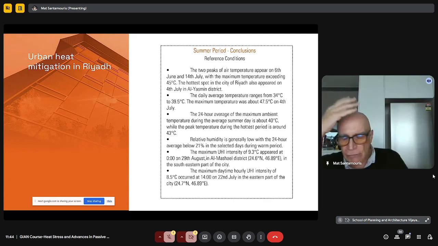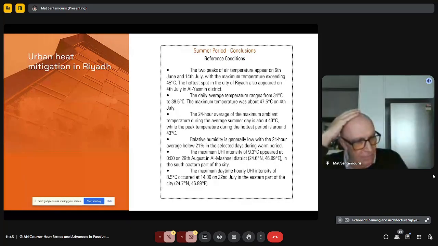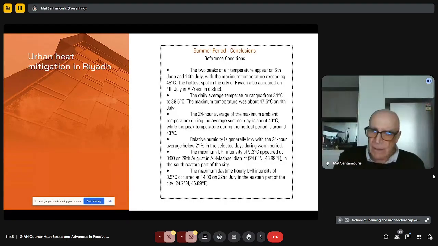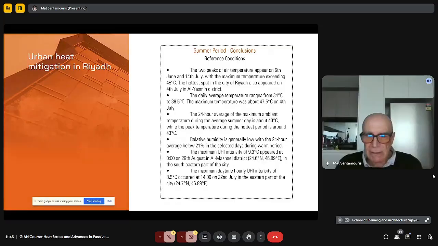And in this case, the use of greenery or other water surfaces may not be so practical, or may have adverse results because it may increase the humidity. But in our case, we had a low humidity, which is close to 21% during the whole summer period.